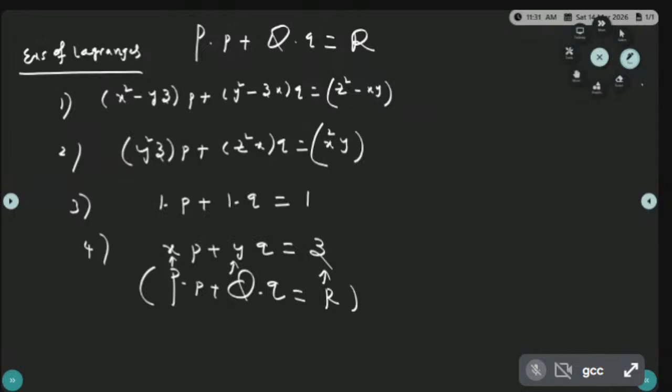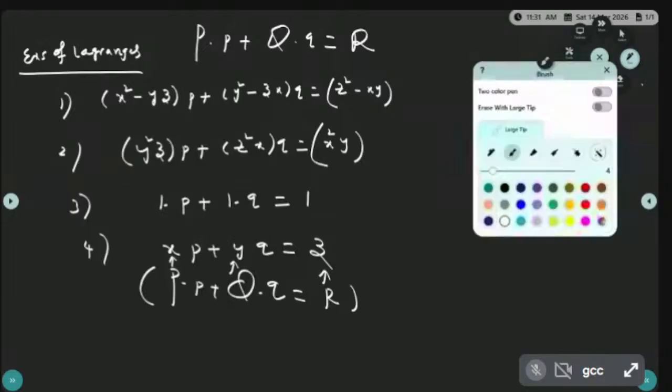This is R, this is Q, this is P. Note this. Yes, stop talking.